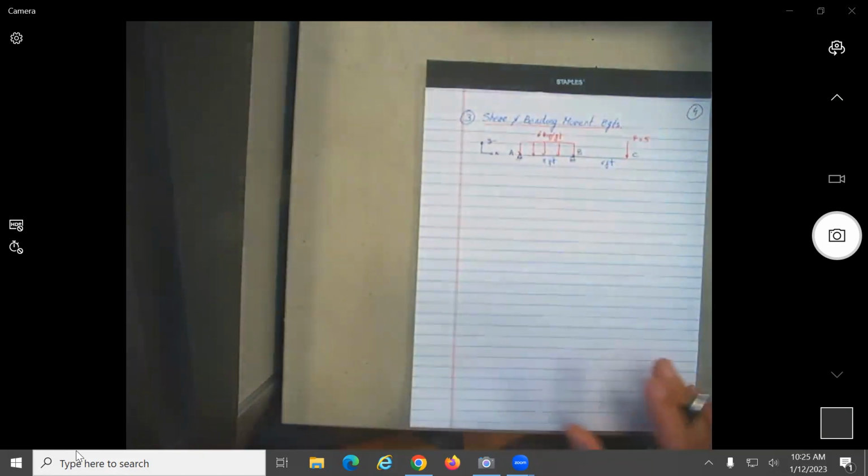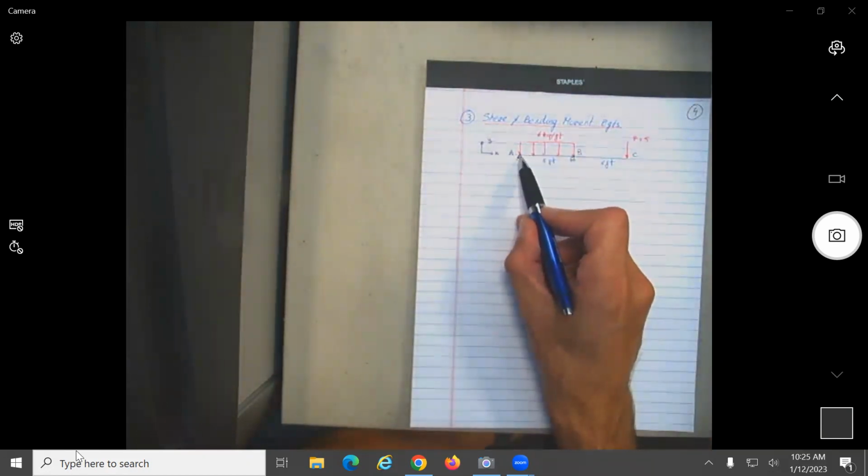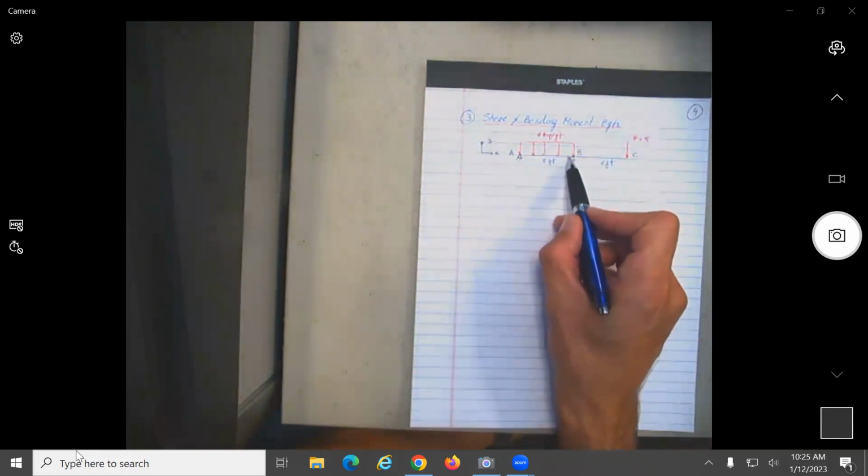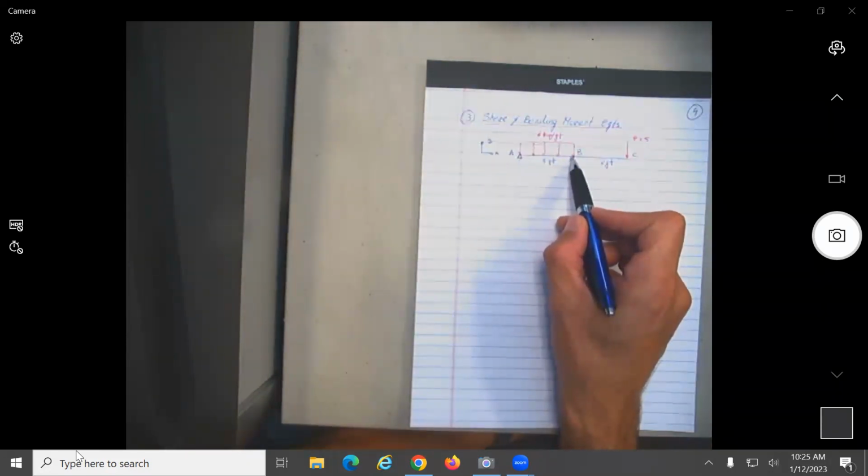Okay, so we say on the procedure that you need to start from one end, it doesn't matter which one. And the general rule is that you need to make a cut every time there is a discontinuity on the loading. So how many cuts do we need to do over here? If you start here, is there going to be a discontinuity on the loading between A and B? It's going to be a discontinuity right at the time you get to B, no?